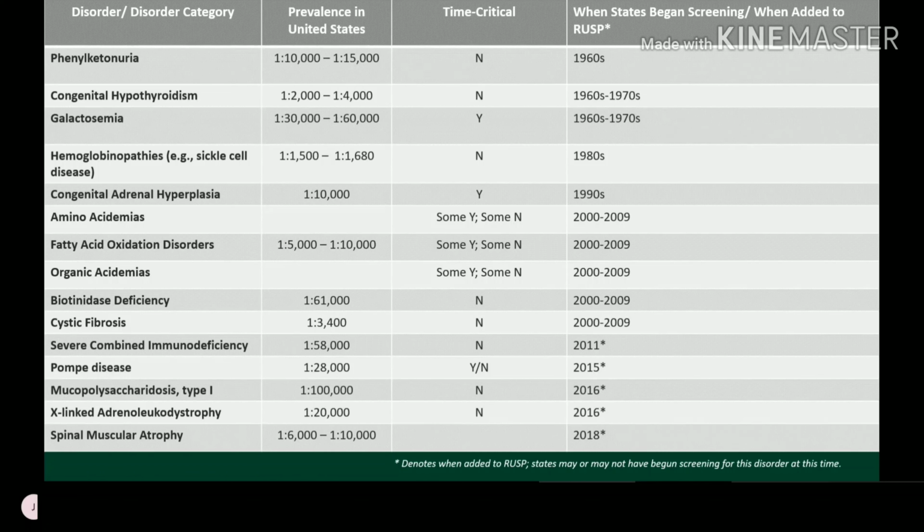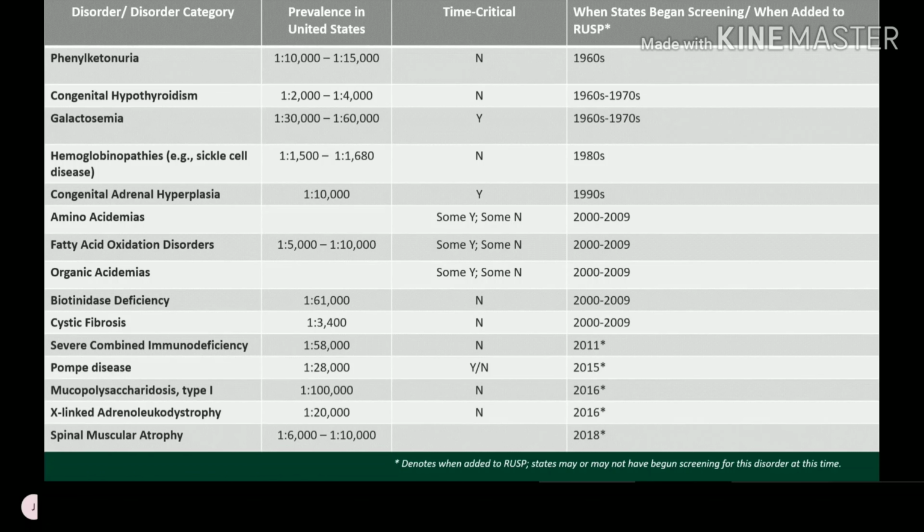The national goal is to get those out within 5 days of birth. The conditions deemed time-sensitive tend not to present within the first week of life, and for those, it's recommended that we get those results to the primary care provider within 7 days of birth.